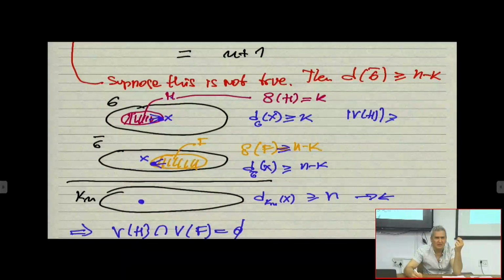It is not possible that it is k, so it starts with k plus 1. That is the exercise. The exercise was about a k-critical graph, and here we don't assume it's a critical graph.